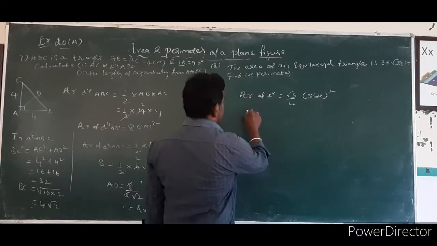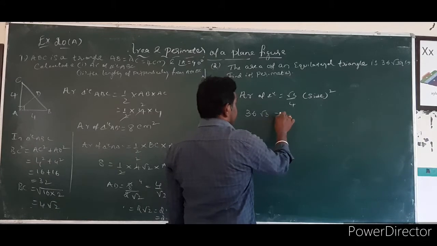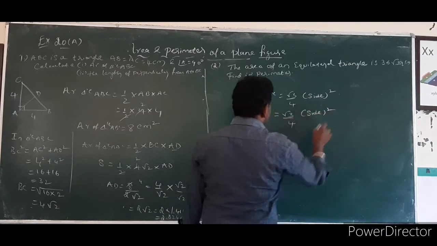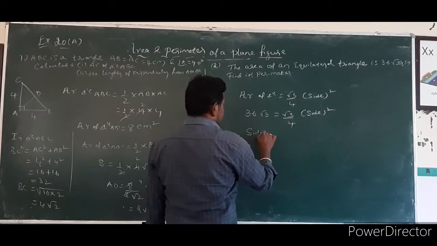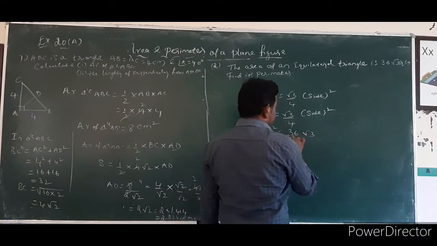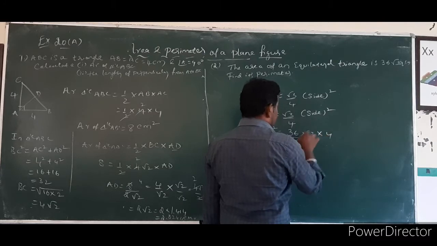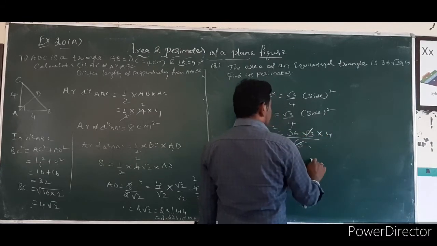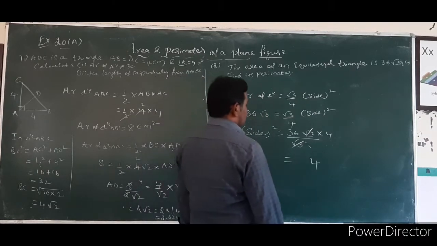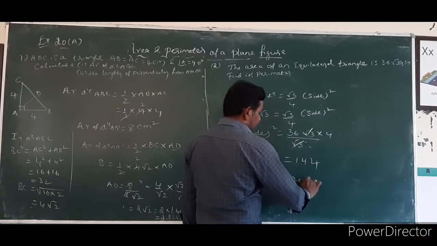So the area they are given is 36 root 3, so side square is equal to 36 root 3 divided by root 3. The root 3 can cancel. So 144, that is side value is 12 centimeter.